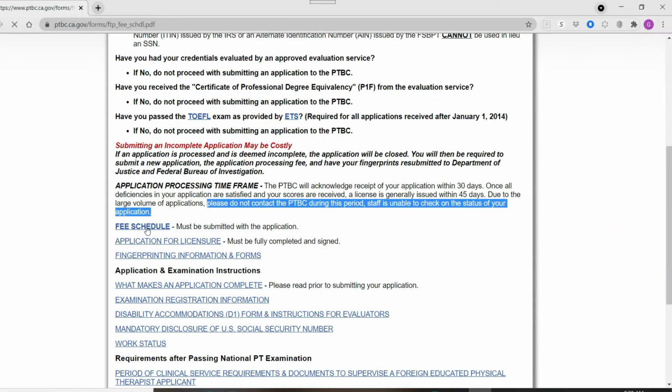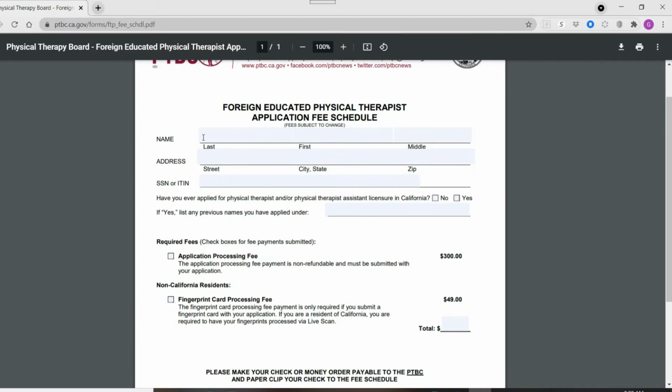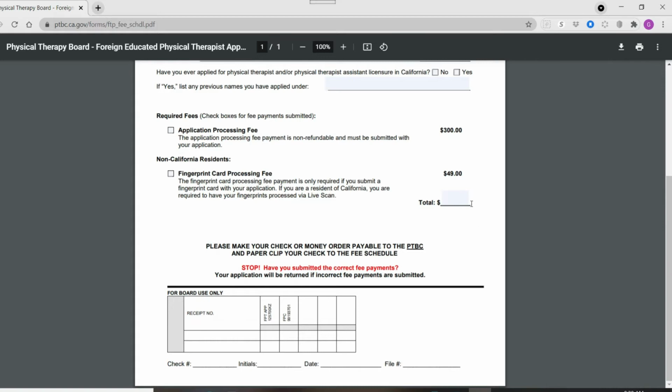Fee schedule, let's click on that. So with the fee schedule, as you can see, you just have to fill this out: your name, your address, your social security, and then they're asking if you have ever had a license in California and if you have a previous name. As you can see, the fee is a total of $349, so it's not cheap to apply in California.